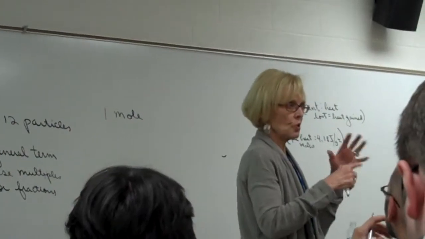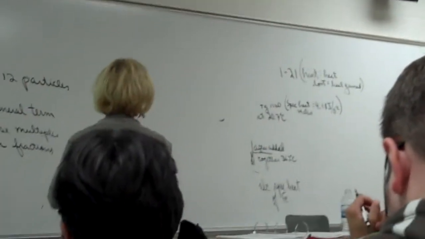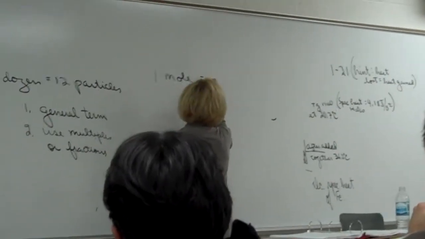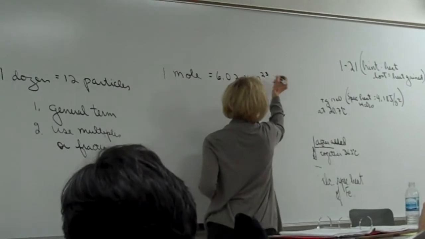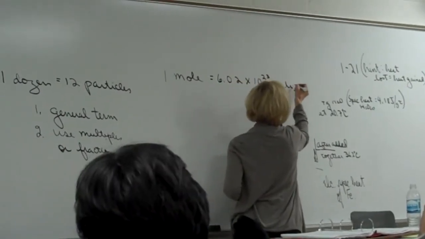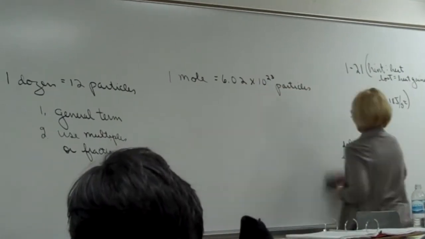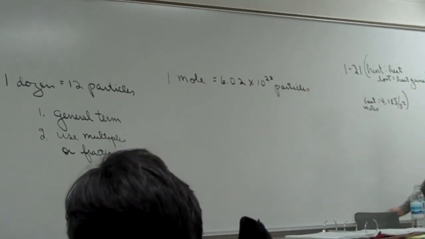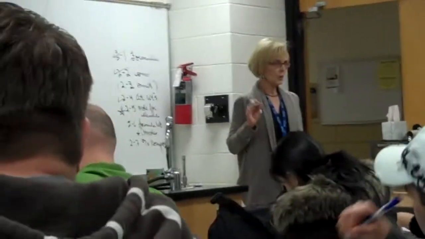Or if you're a biology student, you think of those little fur things that live underground. Okay, so 1 mole is equal to 6.02 times 10 to the 23rd particles. Now, anything that you know about dozen in everyday life, mole is going to be the same.